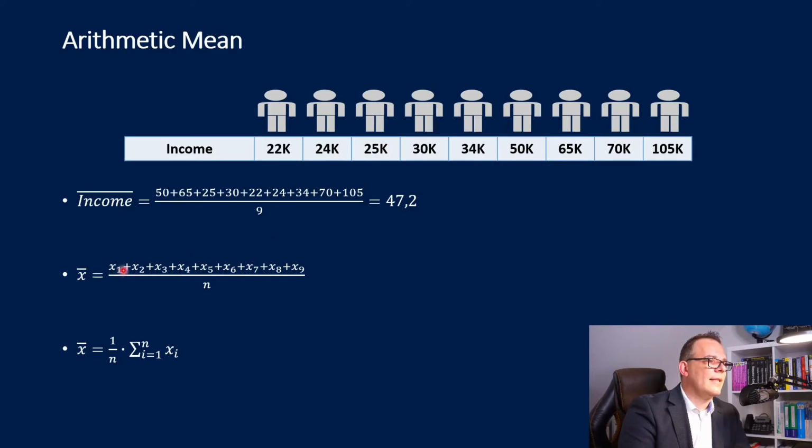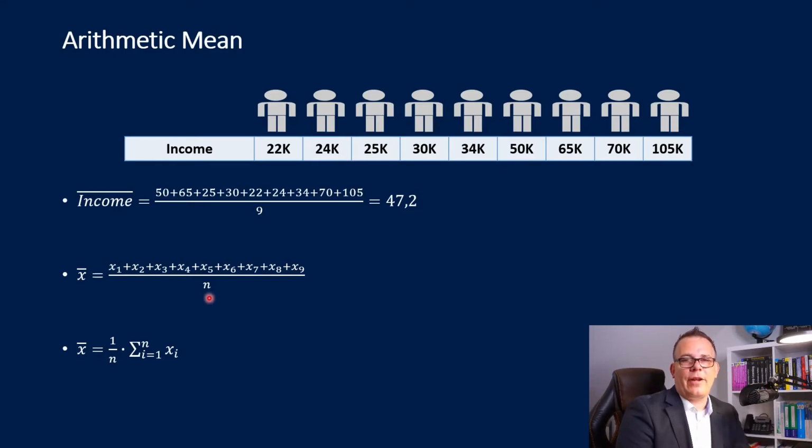So x is not one variable, but it's 9 variables. They can be distinguished by their index, which counts from 1 to 9. N in statistics is always the number of observations. Since we have 9 observations, n would be 9.